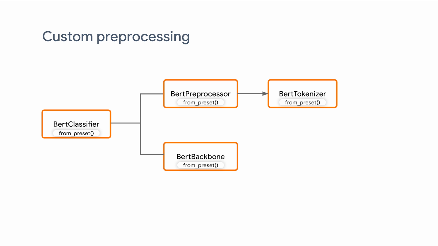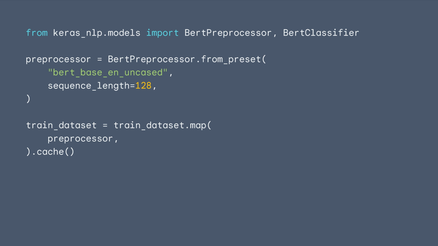Our BERT classifier is built from customizable BERT backbone, BERT preprocessor, and BERT tokenizer classes that each have their own from_preset methods. To access the preprocessor directly, simply call our BERT preprocessor class with the same preset name as the classifier and any custom parameters you want to specify, such as a shorter sequence length.